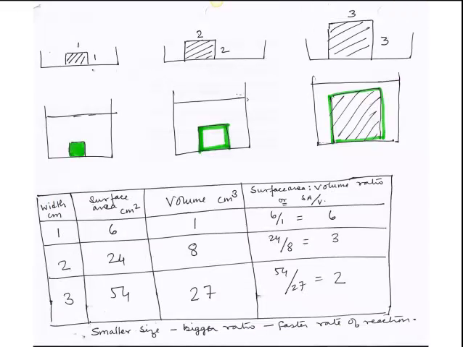Now, consider a small piece of, say, agar gel. This particular agar gel piece is 1 centimeter by 1 centimeter. It's a small cube. And another one which is 2 centimeter by 2 centimeter, and another one which is 3 centimeter by 3 centimeter.